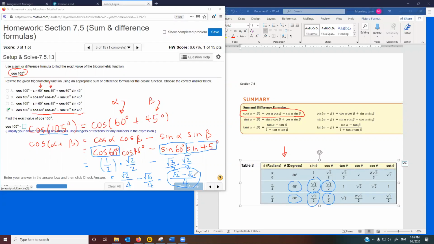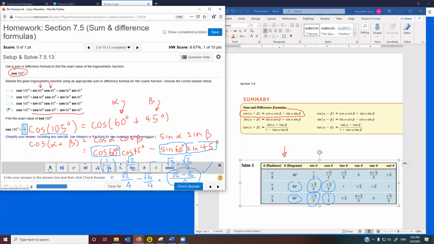So I'm just going to leave my answer as is because I can't simplify any radicals in this example. So let me enter this answer. I'll enter it as a fraction. So it's going to be the square root of 2 minus square root of 6 all over denominator 4.